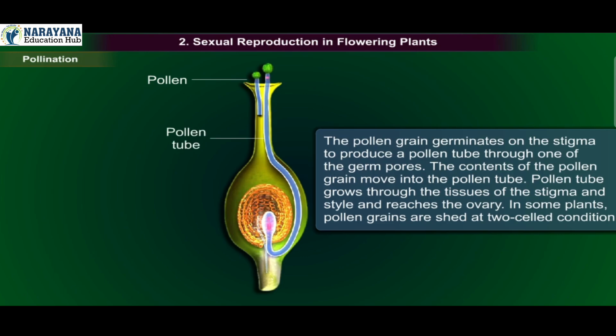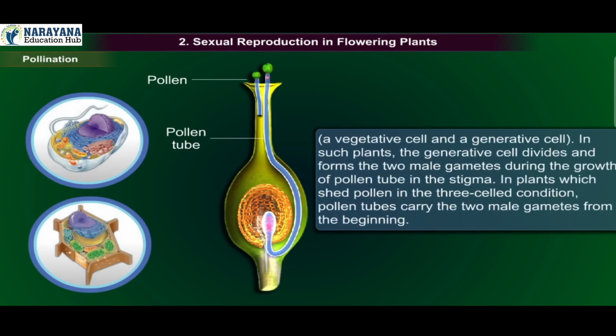In some plants, pollen grains are shed at the two-celled condition, that is, a vegetative cell and a generative cell. In such plants, the generative cell divides and forms the two male gametes during the growth of the pollen tube in the stigma. In plants which shed pollen in the three-celled condition, pollen tubes carry the two male gametes from the beginning.